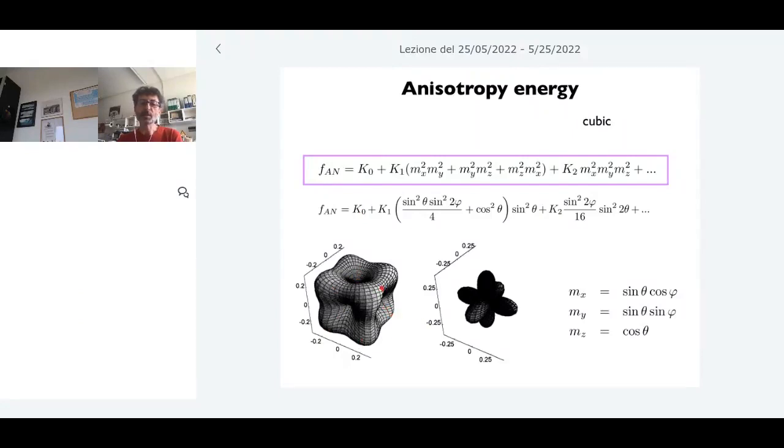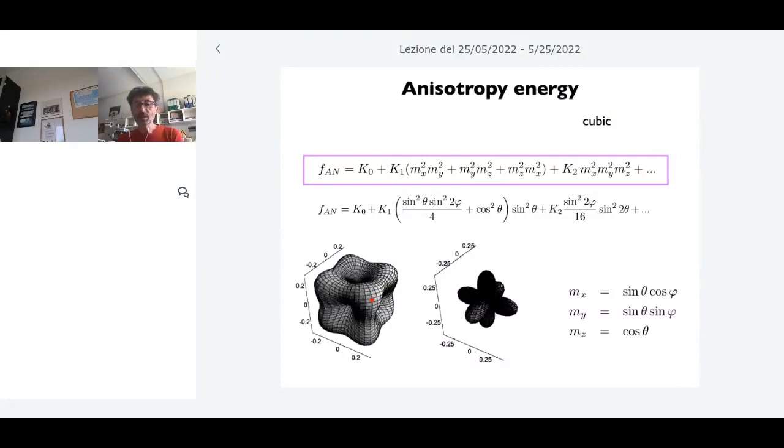But if you go along a diagonal, for example, the diagonal between the Z and Y axis, then you find that the anisotropy is larger. And if you go along the full diagonal, it's even larger. So you will have hard axes and easy axes, the main directions being the easy axes.